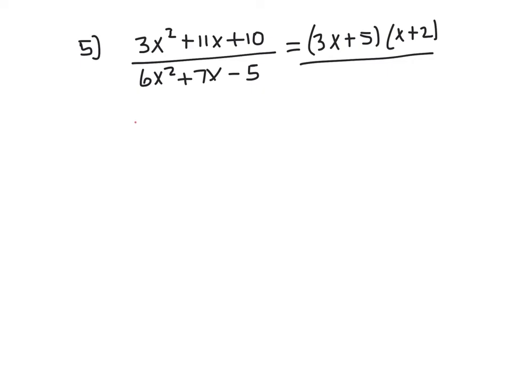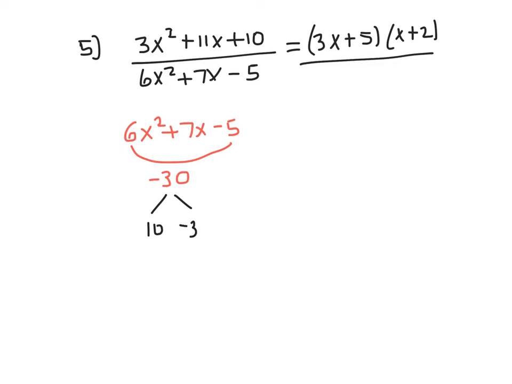So this is 6x squared plus 7x minus 5. Start by multiplying these ones. I get -30. Then I need two numbers I can multiply to get -30. When I add them, I get 7. So, and I can use 10 and -3.